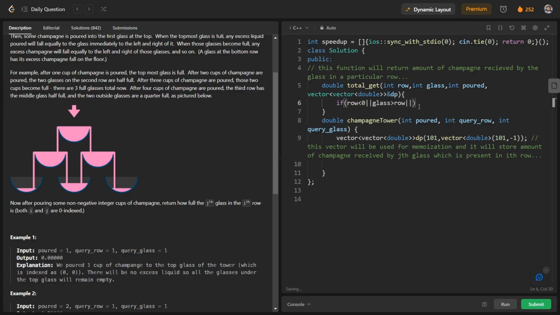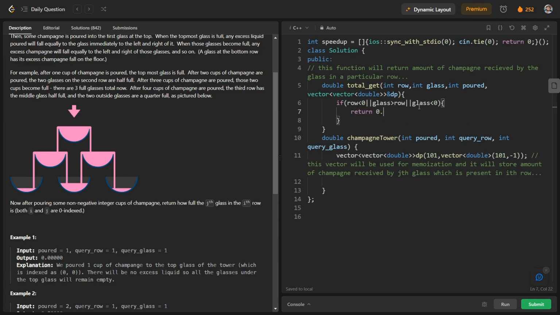And one more case is if glass is less than 0. In all these three cases, we will just return 0.00, because this glass will not receive any champagne. You can see it as a boundary condition violation.